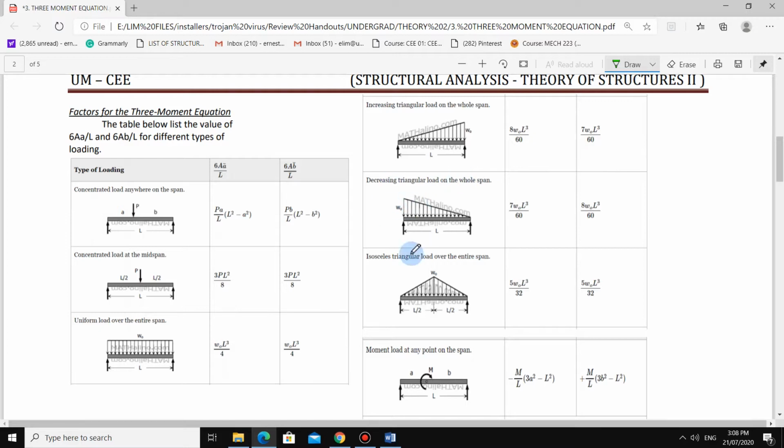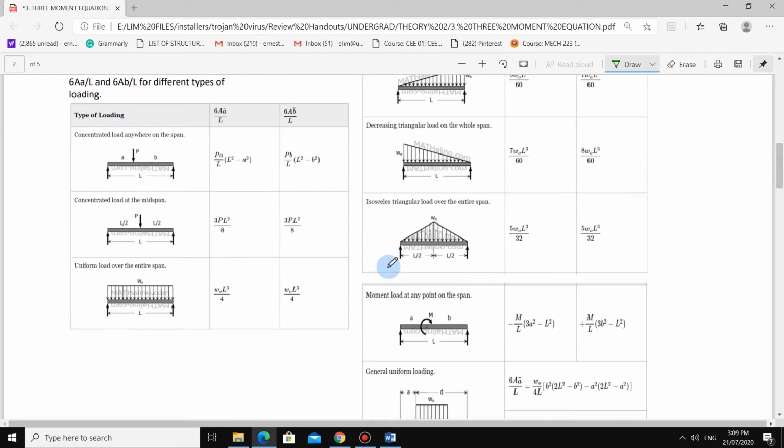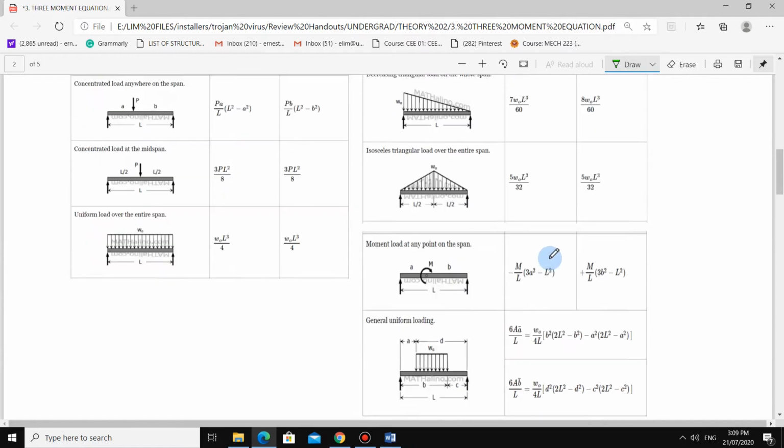If it is decreasing, it is just reversed. Then for an isosceles triangle load over the entire span, it is the same, 5WL cube over 32 for both AA bar and AB bar.